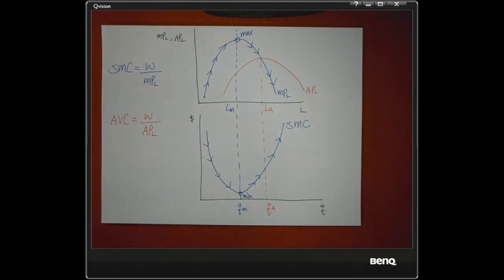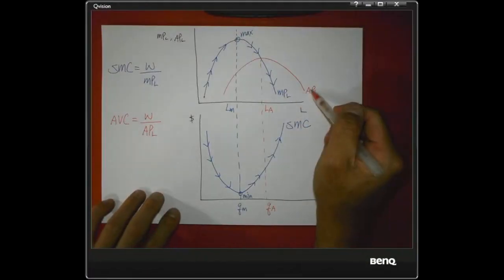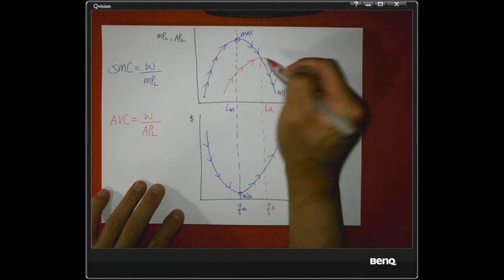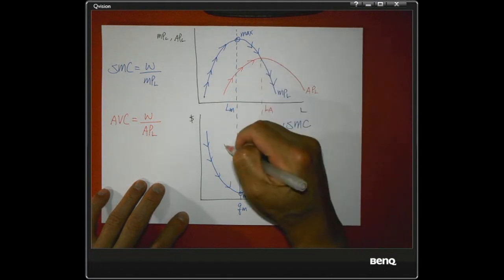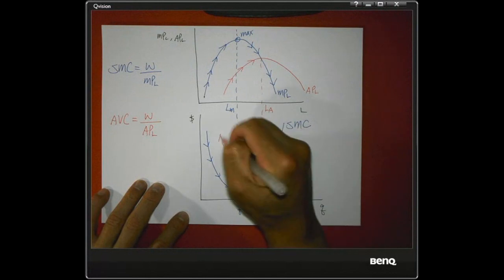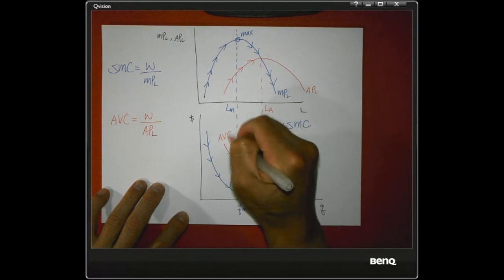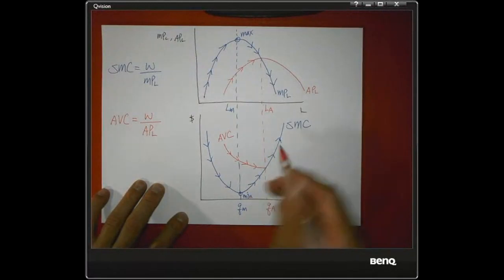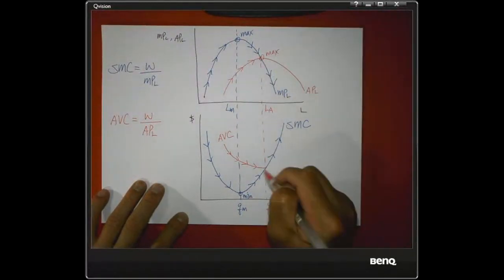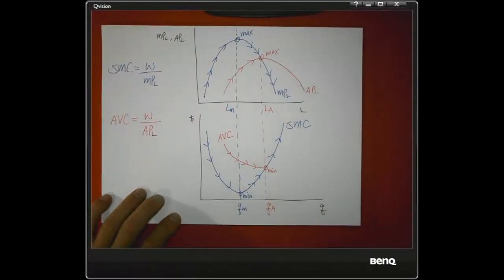The same is true about average product. When average product is rising, then average variable cost must be falling. And when the average product of labor reaches the maximum, then the average variable cost must be reaching the minimum.